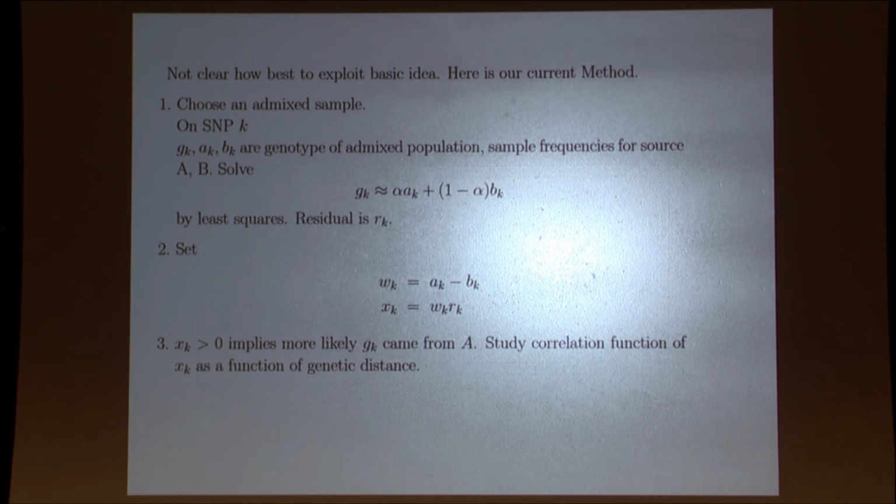So I just do this by stupid least squares, easy peasy, and I can estimate the mixing proportions, which I do, and I can compute a residual. And we also, on this SNP, can get a weight, which is the difference of the allele frequencies of the two sources. And now it turns out that you just form the product.